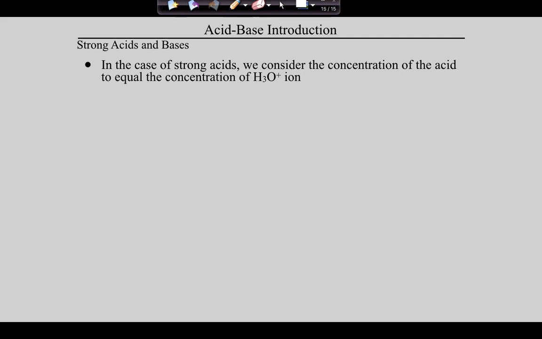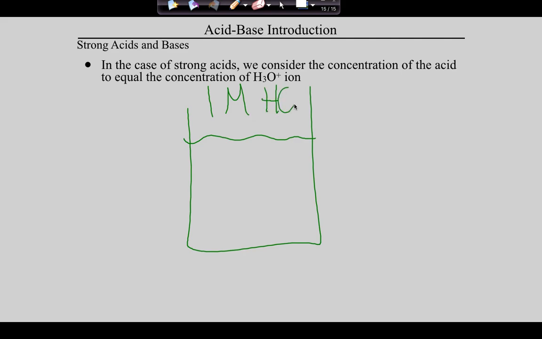So what we're saying is this. If we have a beaker full of 1 molar HCl, how much HCl is in that beaker? None. If you have a beaker full of 1 molar HCl, you ain't got any HCl. What do you got in there?